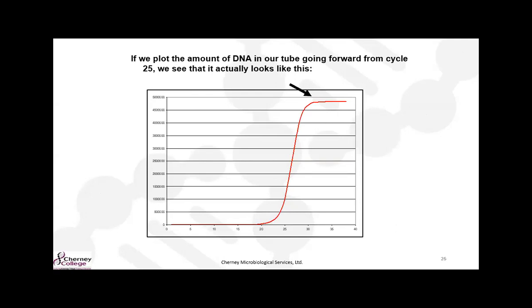You'll see that exponential increase, but as we create more and more replicates of DNA, we're running out of primers in our solution that are able to detect and bind to salmonella because we've used them all up. So we reach a limit once all of our primers are used up and we can't keep replicating DNA. A very typical real-time PCR graph will always have that plateau at the top when you've reached your limit. This is a very standard real-time PCR that allows us to look at the DNA amplification through the cycles.